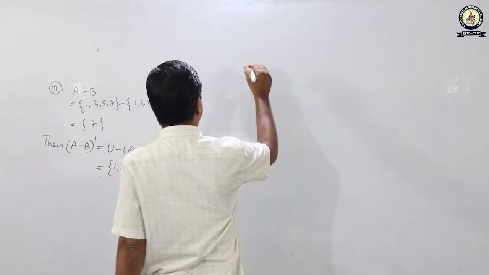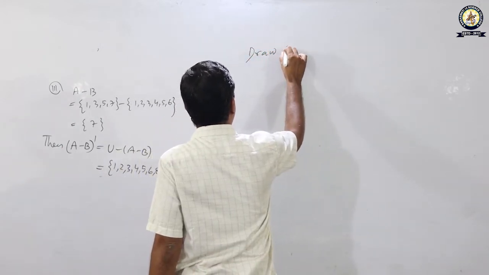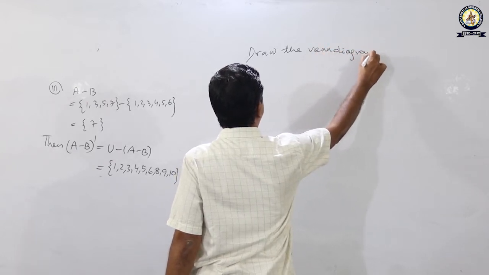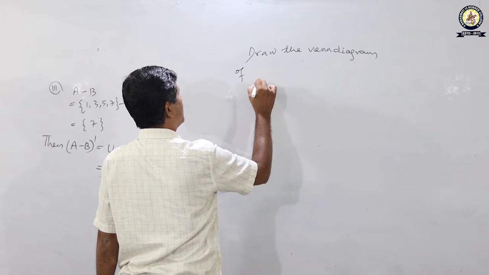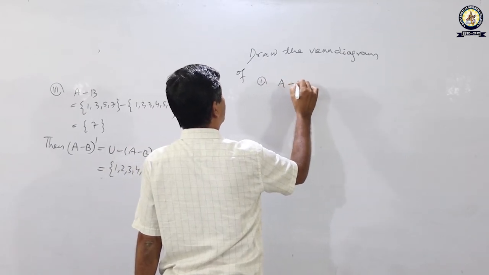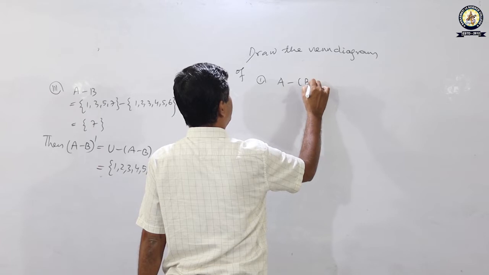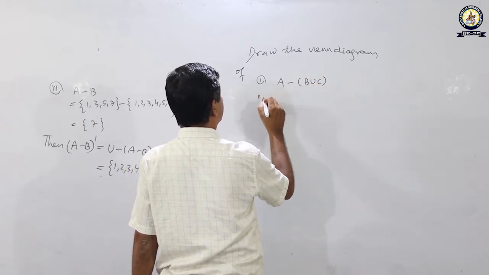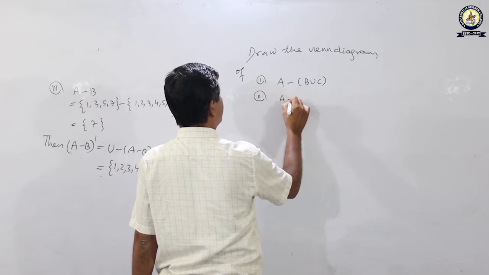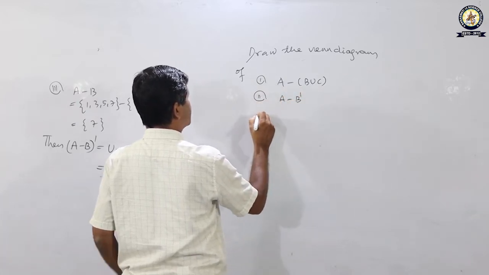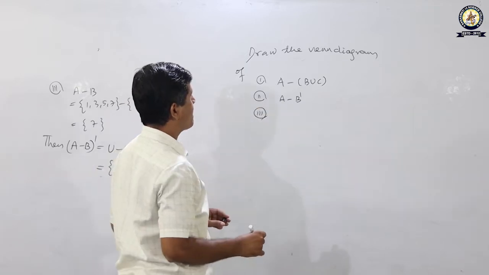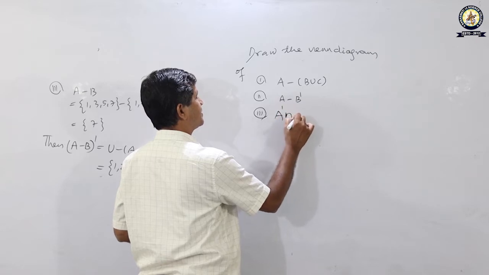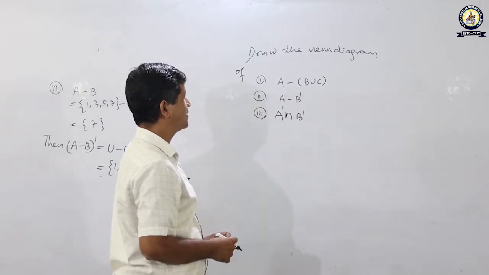Draw the Venn diagram of: first, A difference B union C; second, A difference B dash; third, A dash intersection B dash.